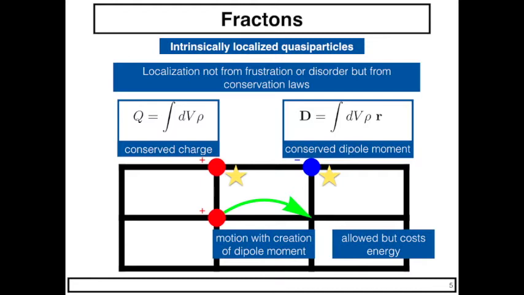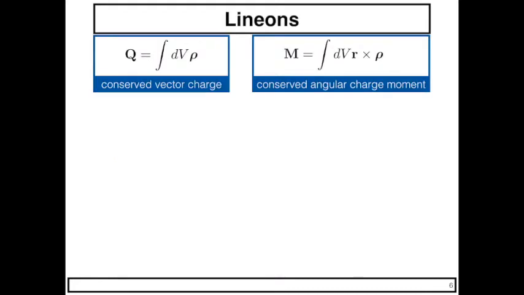We can also imagine generalizations of this idea, where instead of having particles which are completely immobile, like fractons, we could have particles which are able to move along one dimension within a higher dimensional system. This would happen, for example, if we had a situation where the conserved charge was a vector, and where we further demanded conservation of the angular charge moment, defined here.